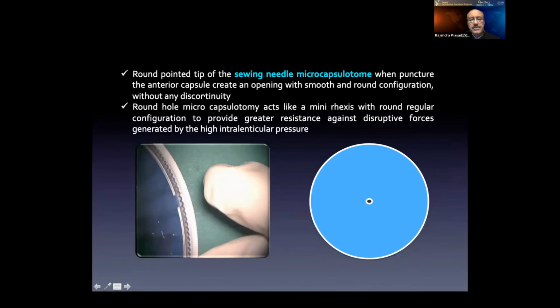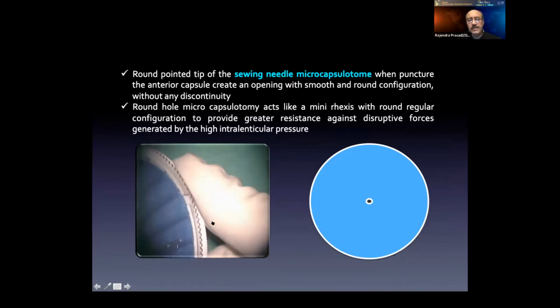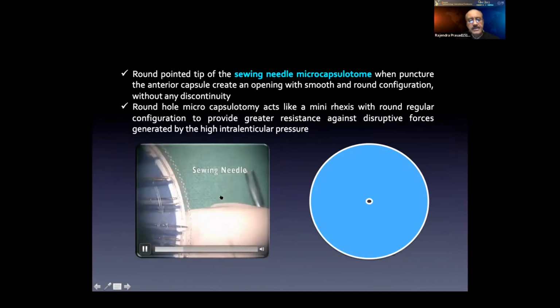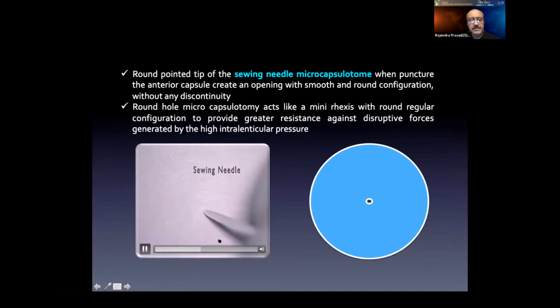We can also use the simple sewing needle, like the one used for sewing clothes. When you puncture the anterior capsule, you can create a hole in the anterior capsule like this. So this is called a microcapsulotomy, unlike a linear cut which is produced with the hypodermic needle on the anterior capsule. So there is a difference in the initial cut which is made on the anterior capsule.